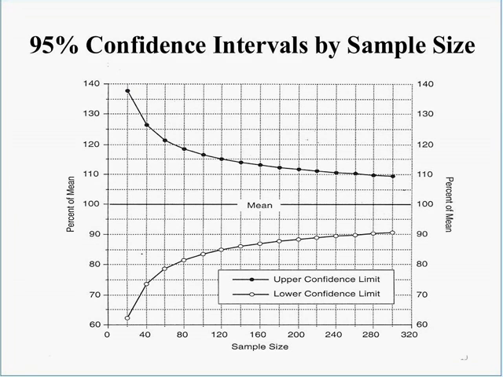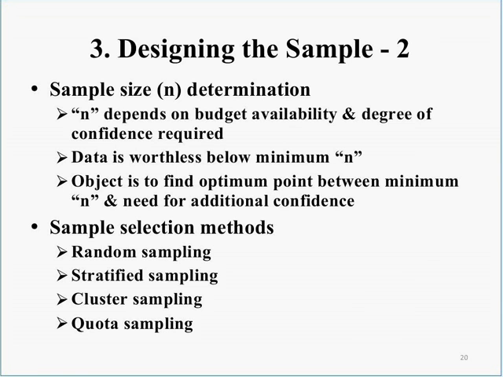That is, they get closer and closer to the mean without touching it as the sample size increases. There may be some questions about that too. But now let's move over to slide 19, still talking about designing the sample. Within the topic of sample size determination, little n depends on budget availability and the degree of confidence required.